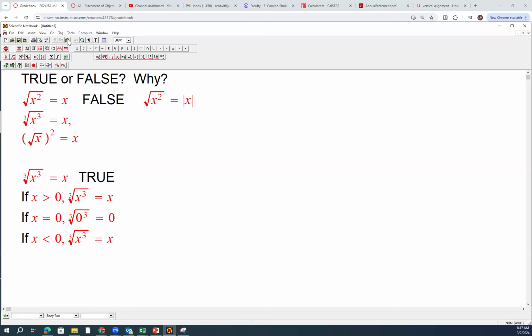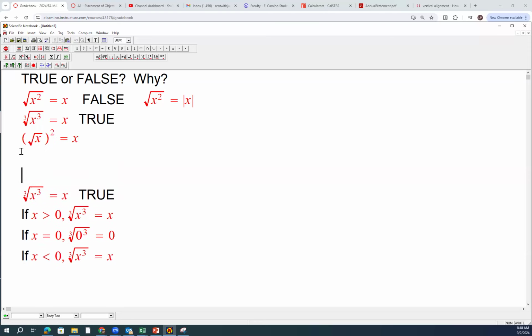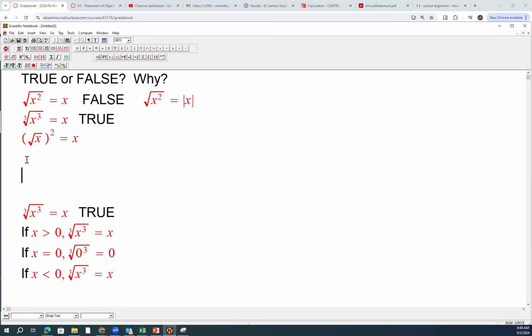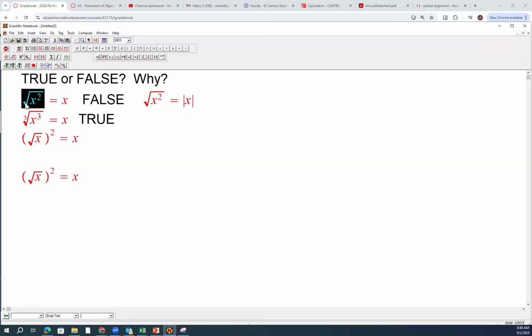So this is true. Last but not least, this one we get to use a lot. Is it true? Well, first of all, before we move forward, what's the difference between this piece and that other piece, right?